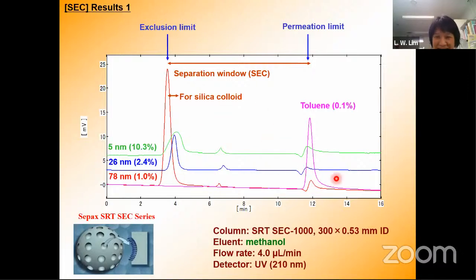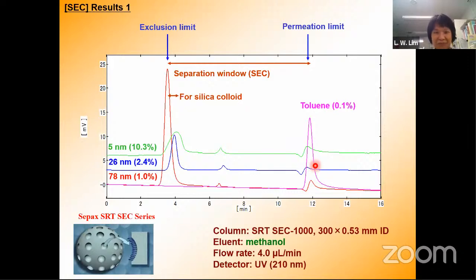There will be nothing coming out here, and nothing before here either. That is why we call it the separation window of size exclusion. So when you want to buy a column, you have to look at the separation window. The bigger the separation window, the more capacity the column has.